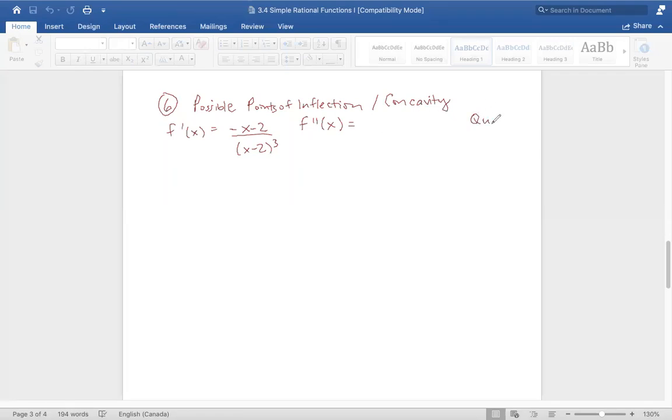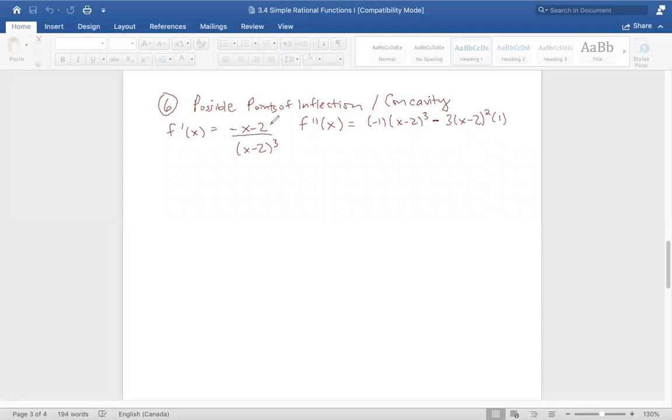I might need that room over there. So I'm going to use the quotient rule, same thing. I have a numerator and denominator. The quotient rule is the derivative of the top, which is negative 1, times exactly what the bottom is, (x minus 2) cubed, minus the derivative of the bottom: the 3 going in front, (x minus 2) squared, but don't forget I have to get the derivative of the inside, which in this case is just 1, which is nice.